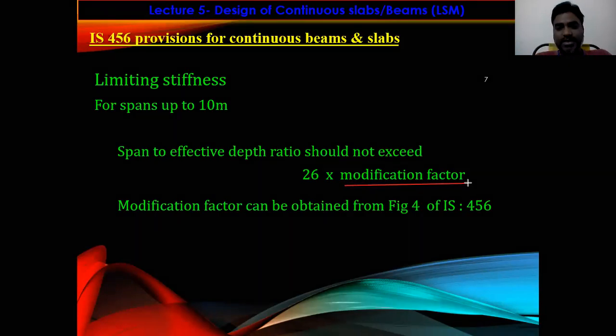Similarly here also you need to calculate the modification factor based upon the fs value as well as the percentage of tension reinforcement provided at the mid span, as per figure number 4. So for continuous beams up to span 10 meters, the span to effective depth ratio should not exceed 26 into modification factor.